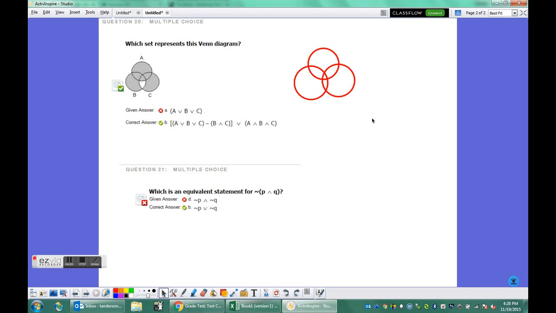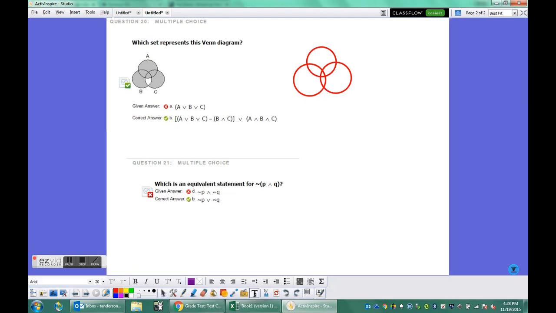So I've drawn a Venn diagram here for my A, B, and C. So I got A, B, and then C. When I'm going through the answer choices, I'm going to actually show both of them here.